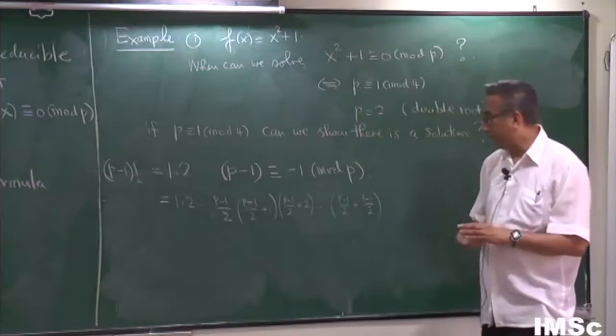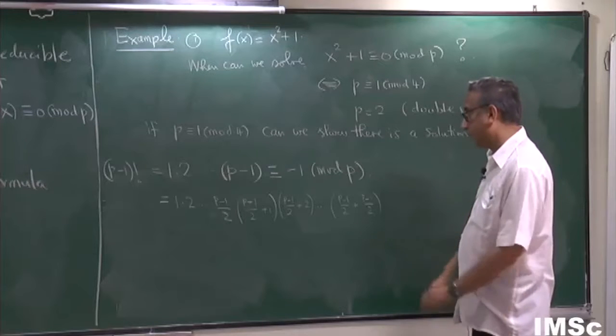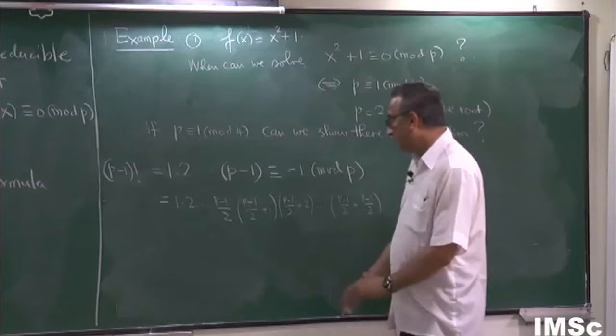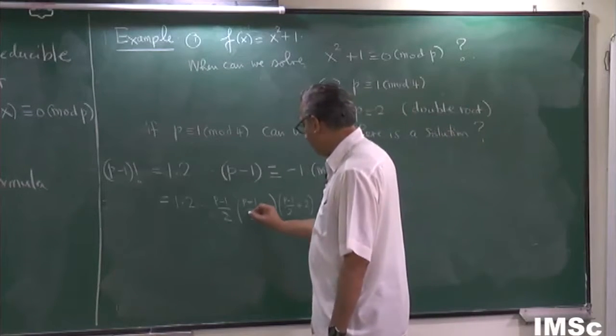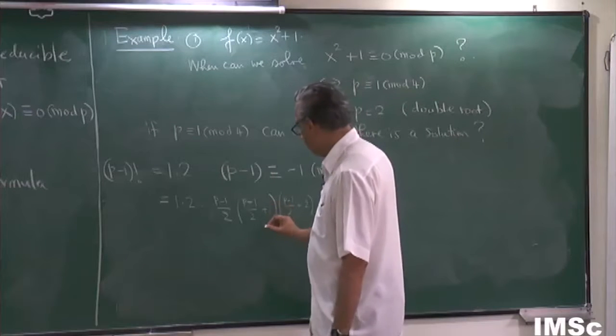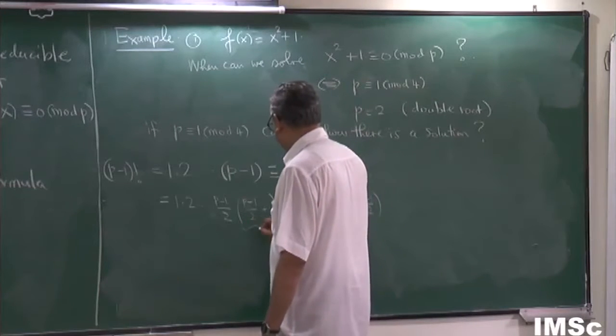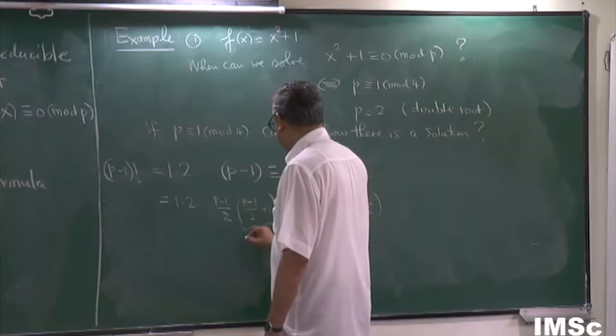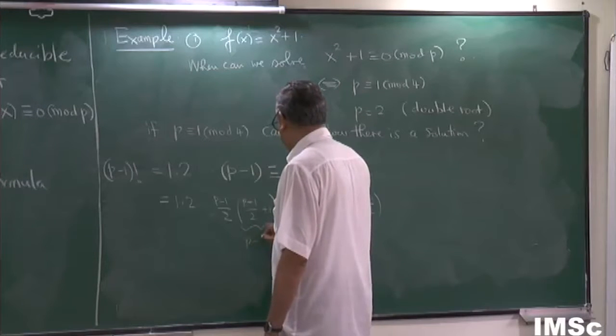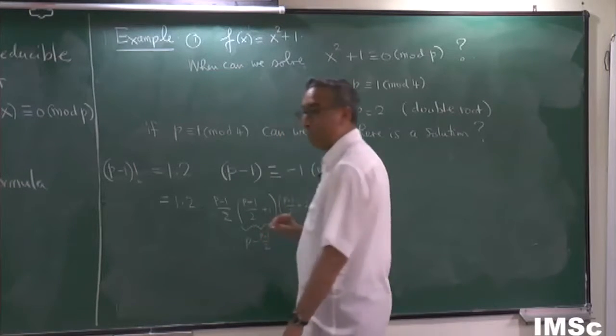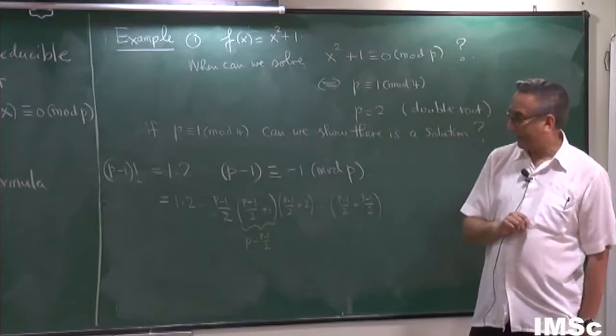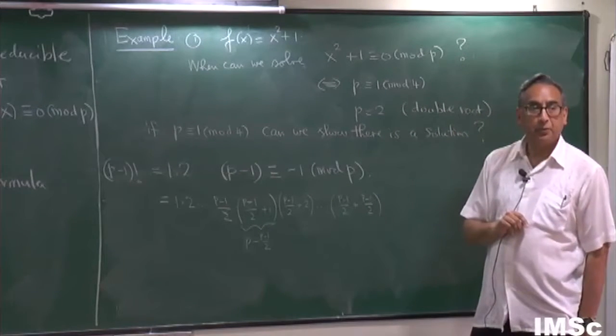Okay, is this fair enough? So this is what I wrote down. Now this guy here is p plus 1 over 2 and can be thought of as p minus 1 over 2. Is that right? Look okay?